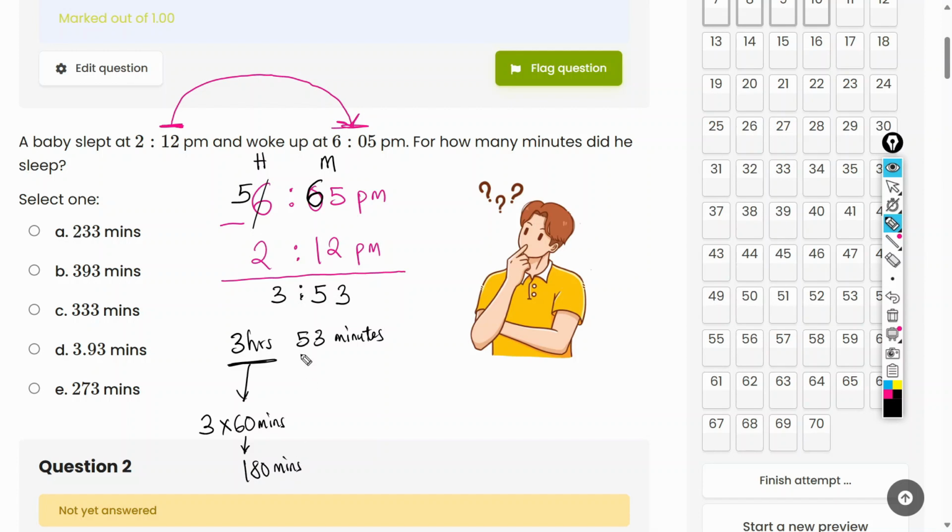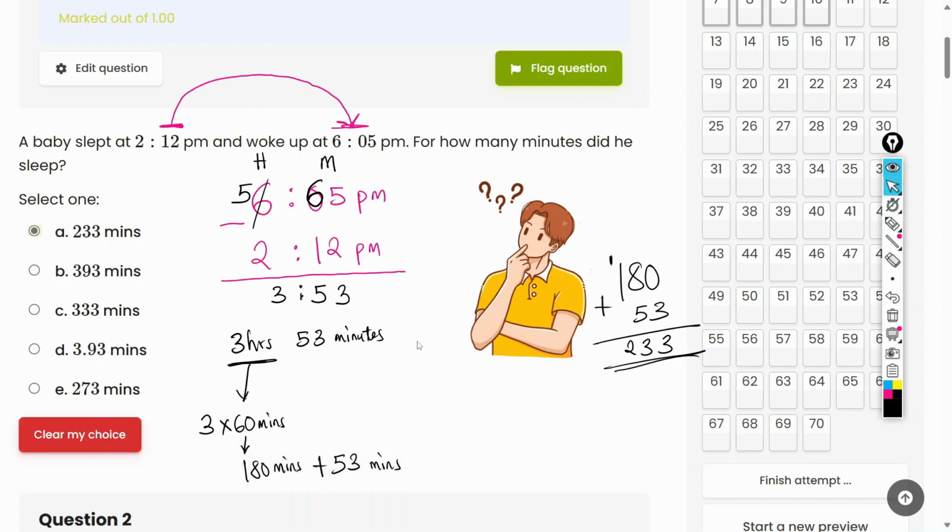So 180 minutes plus 53 minutes. 0 plus 3 is 3. 8 plus 5 is 13. 1 plus 1 is 2. So that is 233 minutes right here.